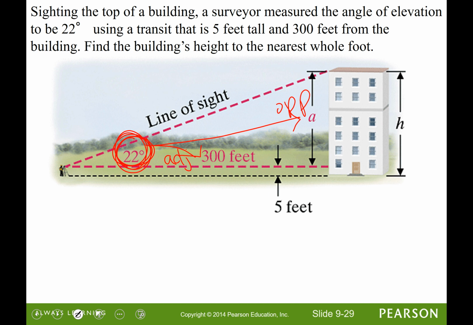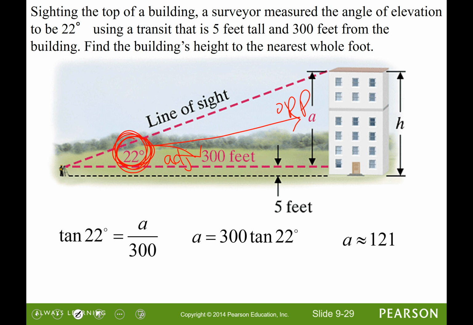So you would set up your equation as tangent of 22 degrees is equal to A over 300. One step to solve this equation, just multiply both sides by 300. And we have A is equal to 300 tangent 22 degrees. If we type that in our calculator, rounding to the nearest whole foot, we get 121 feet.